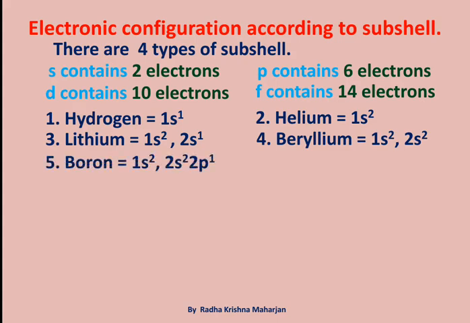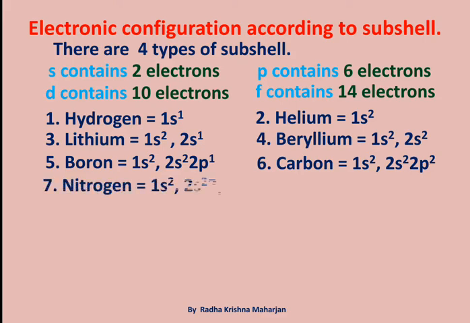Boron 1s2 2s2 2p1. 6. Carbon 1s2 2s2 2p2. 7. Nitrogen 1s2 2s2 2p3.